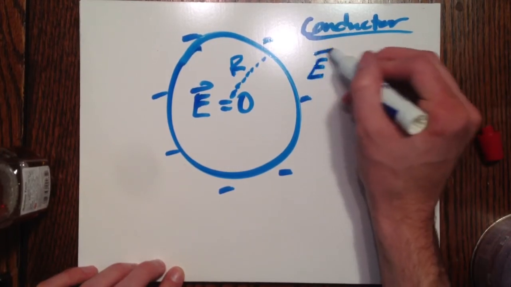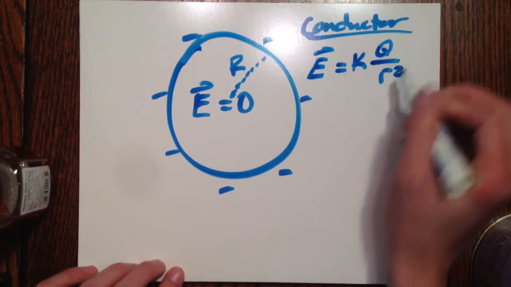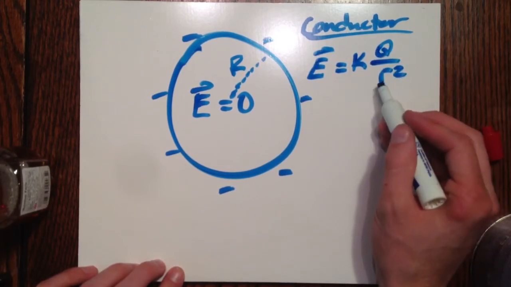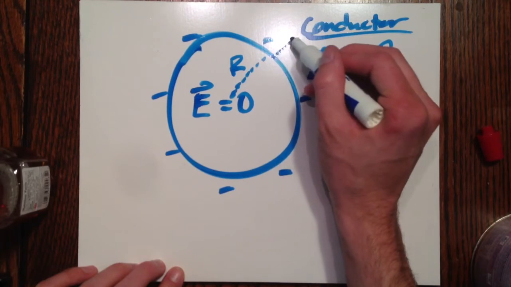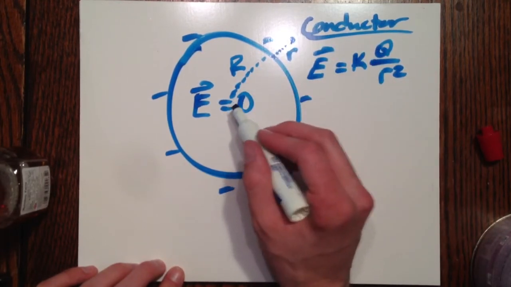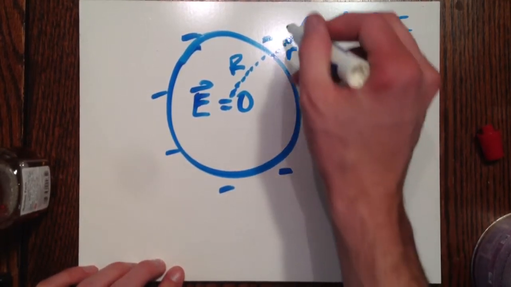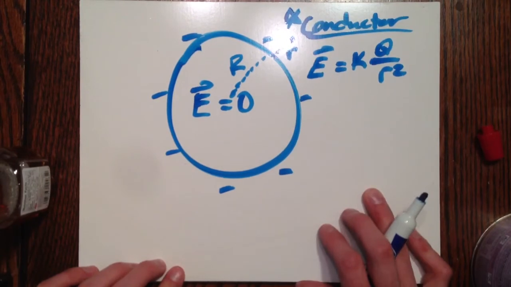But now, in your equation for r squared, r is going to be the distance from the surface of the sphere. It's not going to be the distance from the center. So key take-home point: electric field inside a conductor is 0.